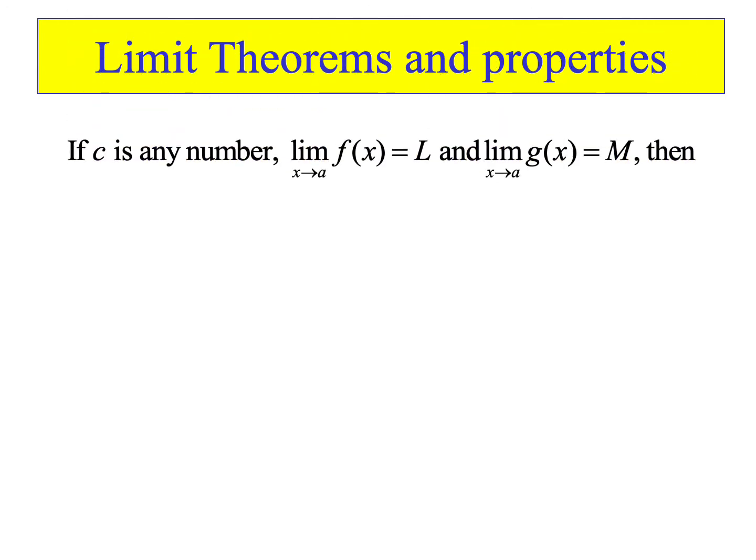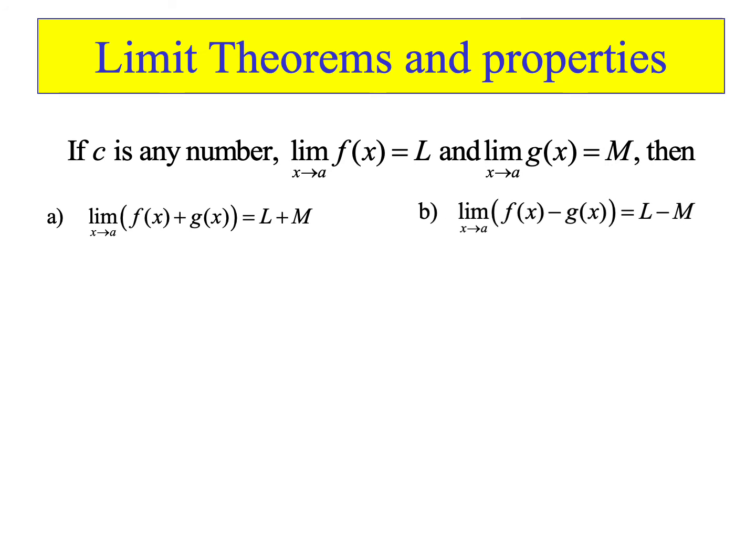First, if I have a limit of a function that exists and equals a number like L, and I have another function that also has a limit equal to M, then if I want to find the limit of their sum, I just add their limits.